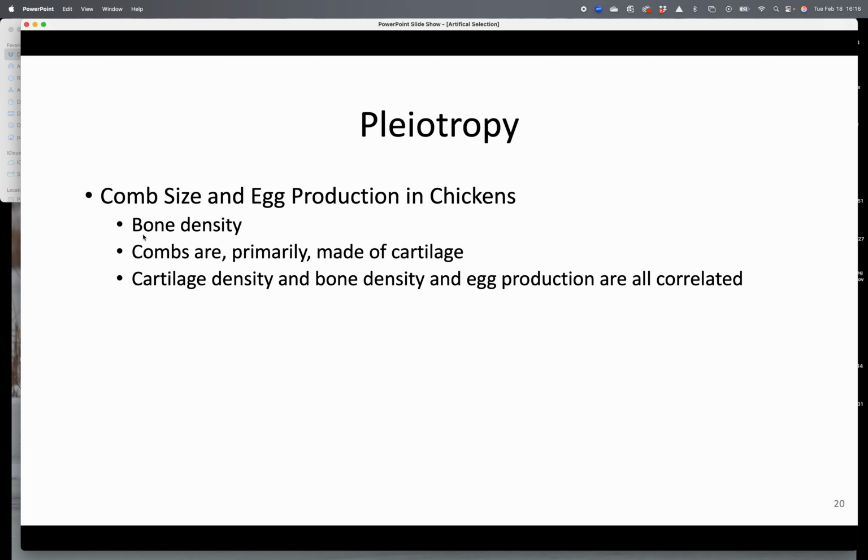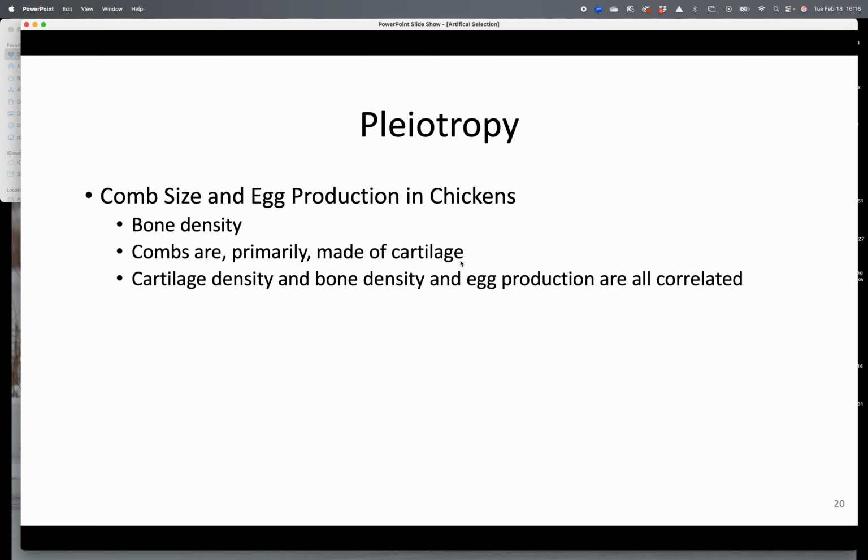When you start making a bone, the first stage of bone production is to create cartilage, and then that cartilage becomes impregnated with calcium carbonate. So genes that control cartilage formation control bone density, but the genes that control cartilage formation also control comb formation because combs are made up of cartilage that doesn't ever harden into bone.